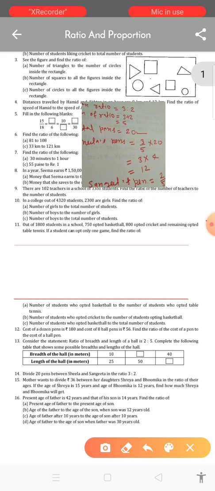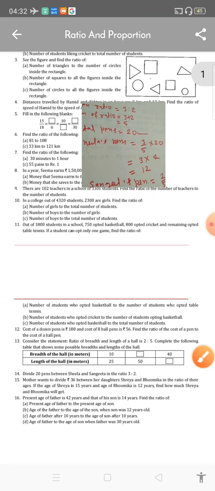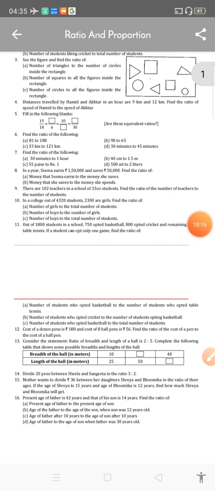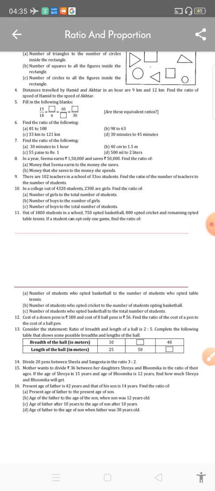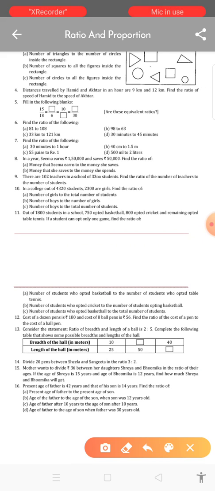Question number 15. Here it is given: a mother wants to divide 36 rupees between her daughters Shreya and Bhumika in the ratio of their ages.